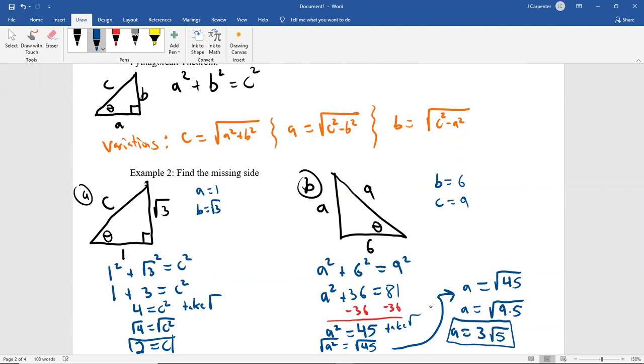I know it looks more complicated than square root of 45, but same thing as I mentioned earlier with the radicals and bottoms. This is technically a simpler answer, and we can do things with 3 square root of 5 that we can't do with square root of 45. Not in regard to this problem, but in the bigger picture.